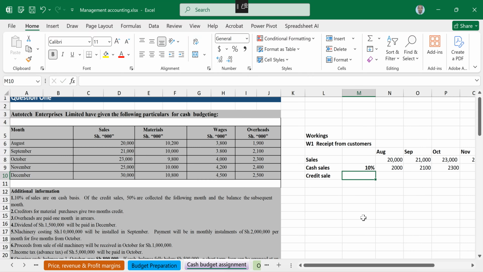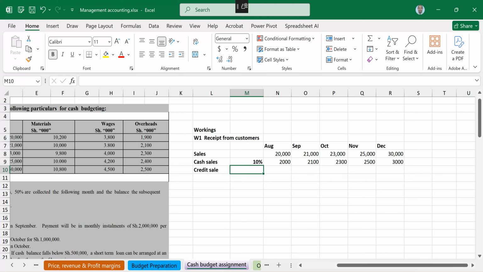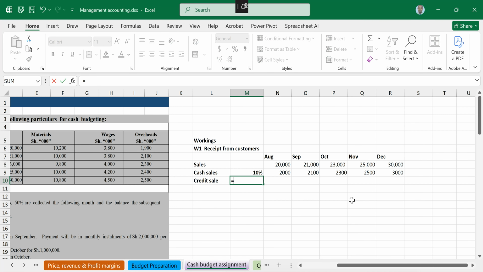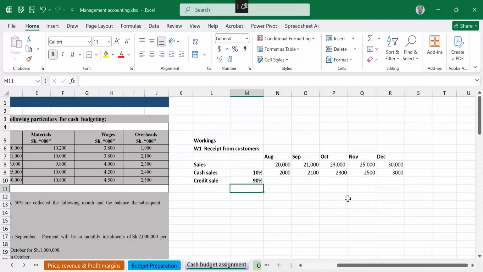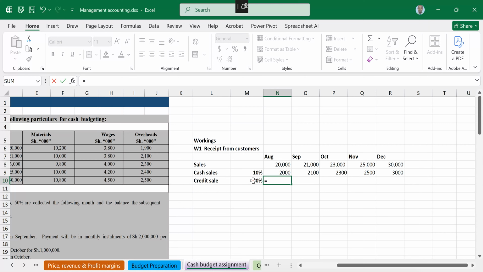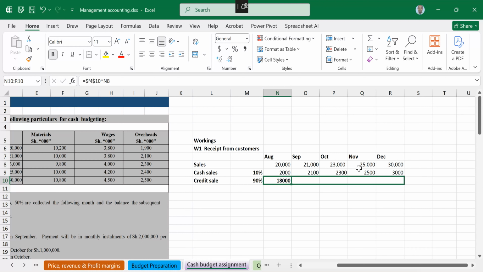Now credit sales are 90%, because if 10% are cash, then 90% are credit. That will be equal sign 90%, lock it, times, click on the sales, then drag across. So those are credit sales.